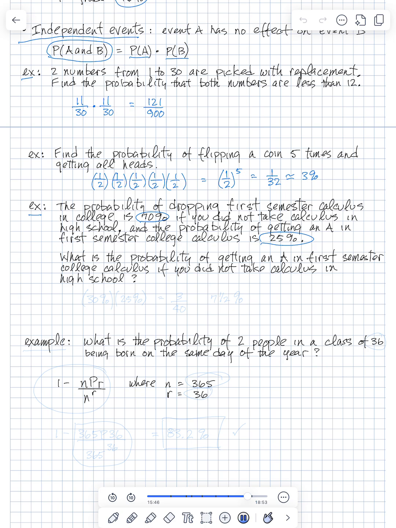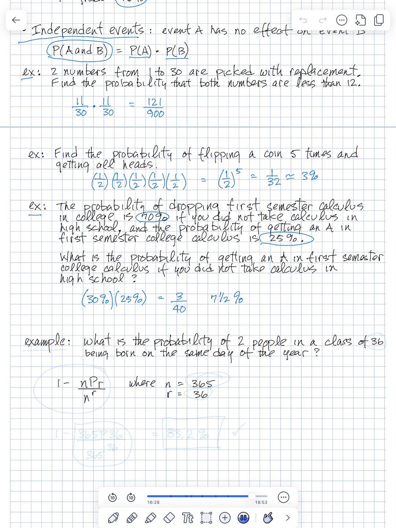So that means the probability of not dropping is 1 minus 70%, or 30%. And if you don't drop, you have a 25% probability of getting an A. So this turns out to be 3 out of 40, or about 7.5% probability of getting an A in first semester calculus in college if you didn't take calculus before.